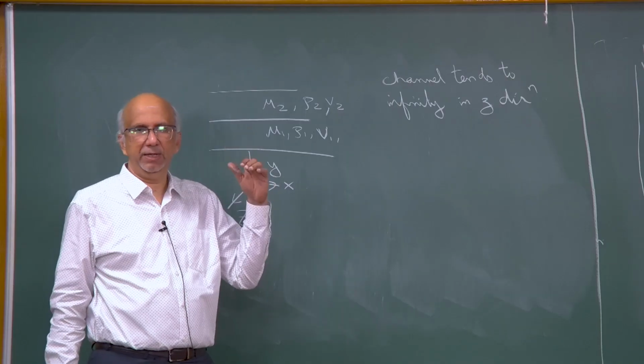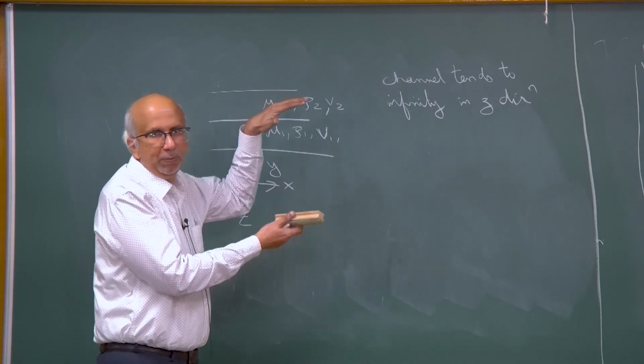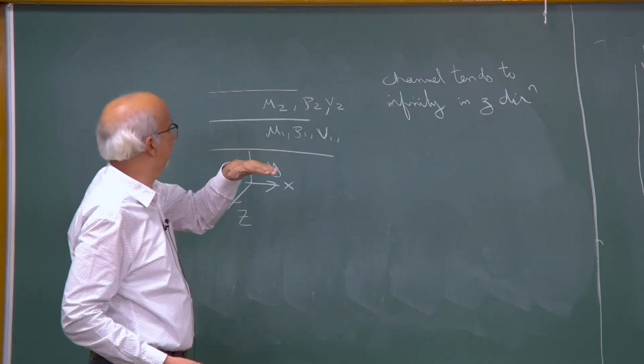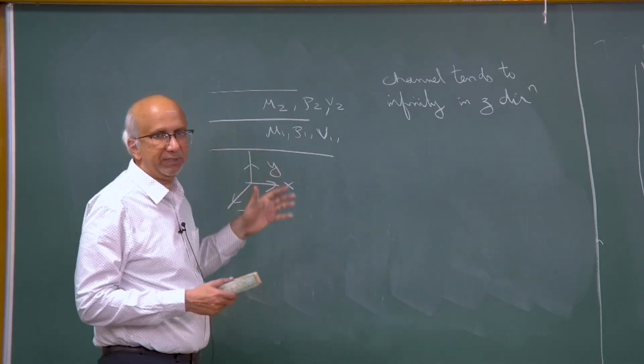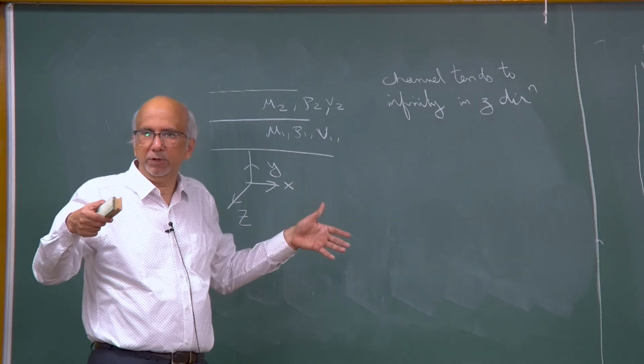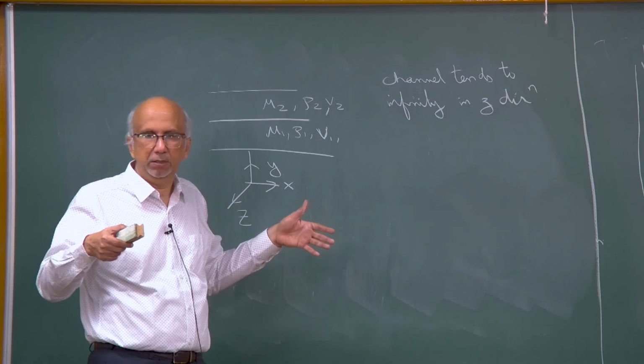So basically what this means is, it's like two plates, okay. This wall is like a plate which is extending to infinity, this wall is extending to infinity. So we are focusing somewhere in the middle in the z direction. So there are no boundary effects which are going to be felt, okay.